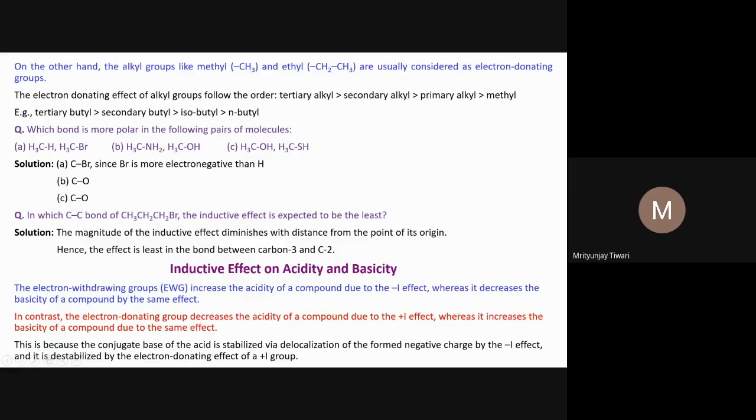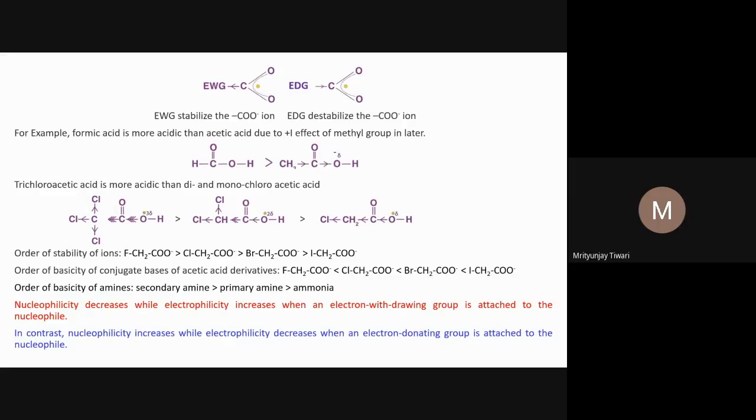Particularly, the role of the inductive effect in determining the acidity and basicity of a chemical system. If you look at acetic acid, a carboxylic acid, and an electron withdrawing group is attached to this carbon, what do we see? It pulls away electron density.